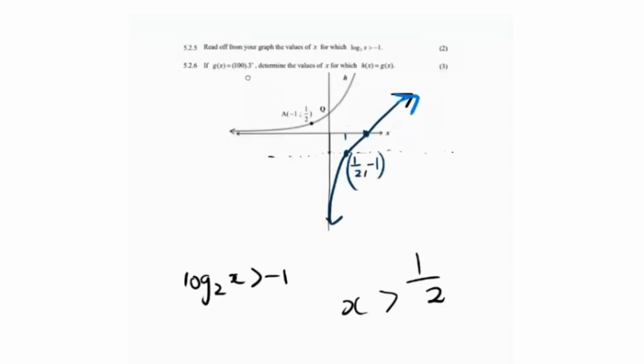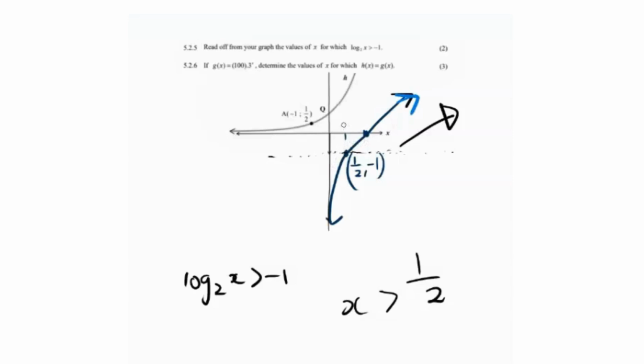Here they want the x values whereby the graph of the inverse is greater than negative 1. Remember, where the graph is greater than negative 1, it's from this point here up until positive infinity. But they want the x values.